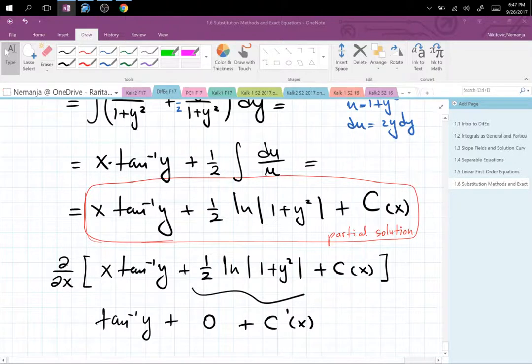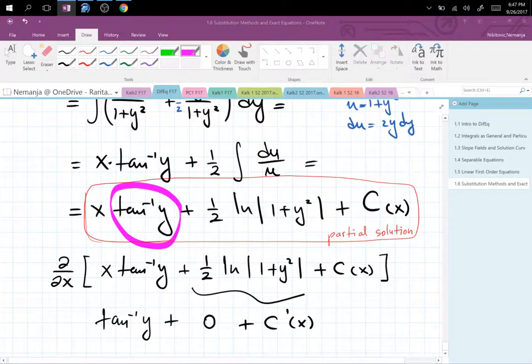Question: after that second to last line, what did you say? You're taking the derivative of x, and you're not touching the y. So this was the partial solution, and now we're taking the derivative of that partial solution with respect to x, because we integrated in terms of y. Now y is a constant.